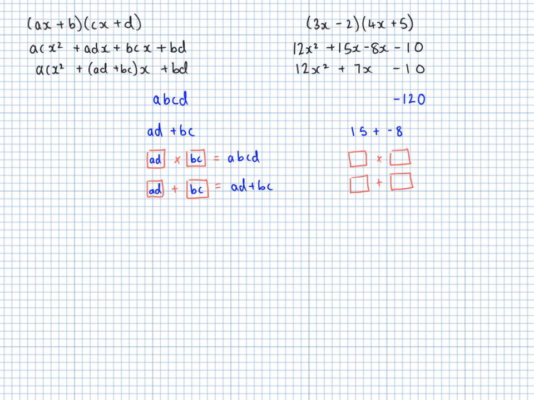So we've got 15 times -8, which does give me -120, and 15 plus -8 gives me my 7. Maybe this is going to help you think about why our method works. It's not a proof or anything, but it's just to help you be convinced that this method does actually work when we look at it in general terms like this.